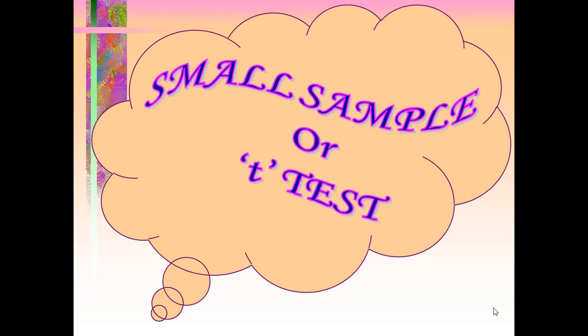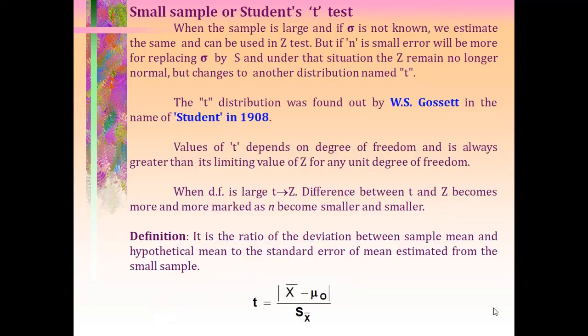be used, that is known as the small sample test, which is the t-test, which was given by Student in 1908. This small sample test is especially used when the standard deviation is not known and its estimate, that is S, is to be calculated.